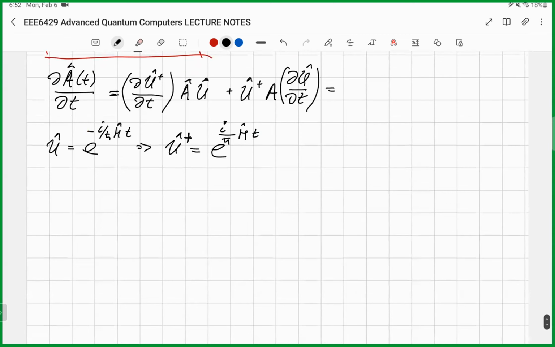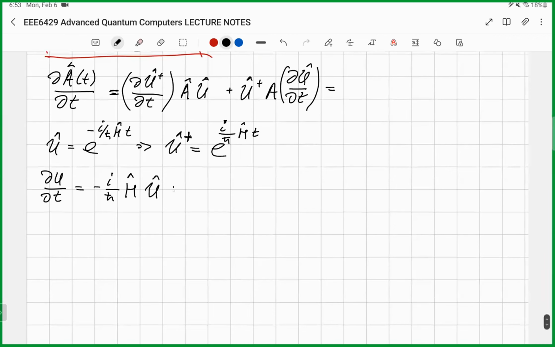Very good. So from here I can find this time derivative of operator u. It will be minus i over h, Hamiltonian, and then u itself, right?